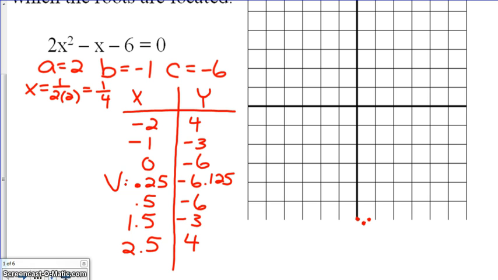Very close together at the bottom of our graph. One and a half, we're at -3, and -1, -3, and then -2, and then 2.5.